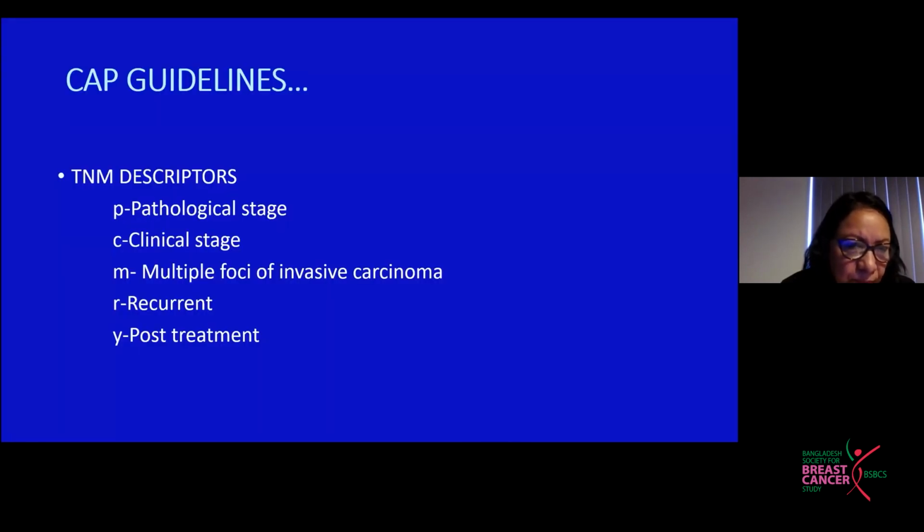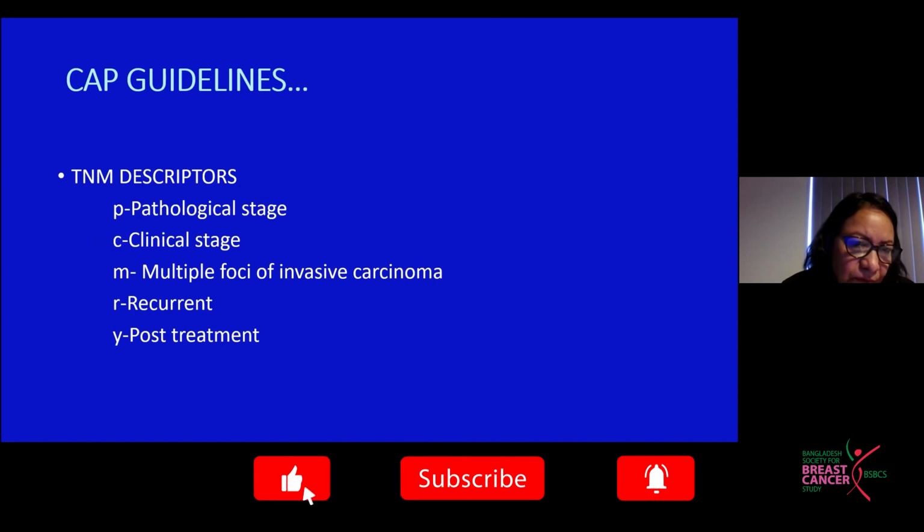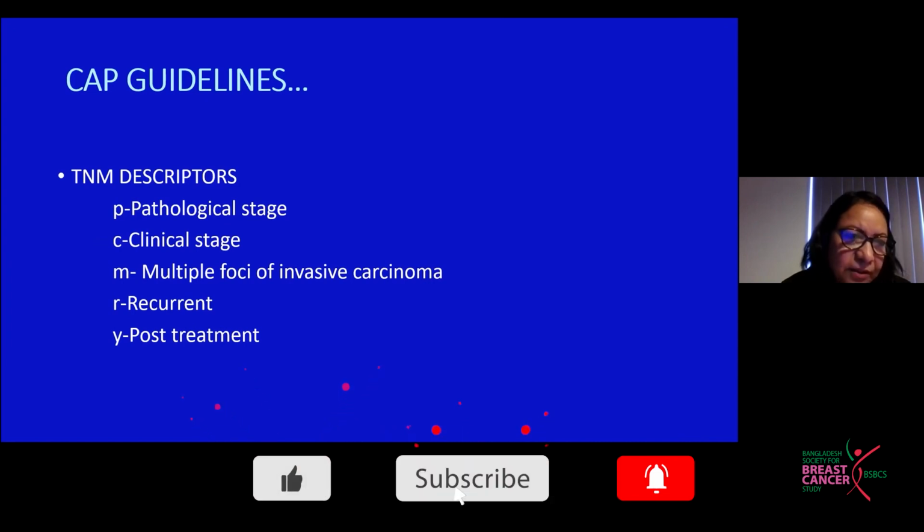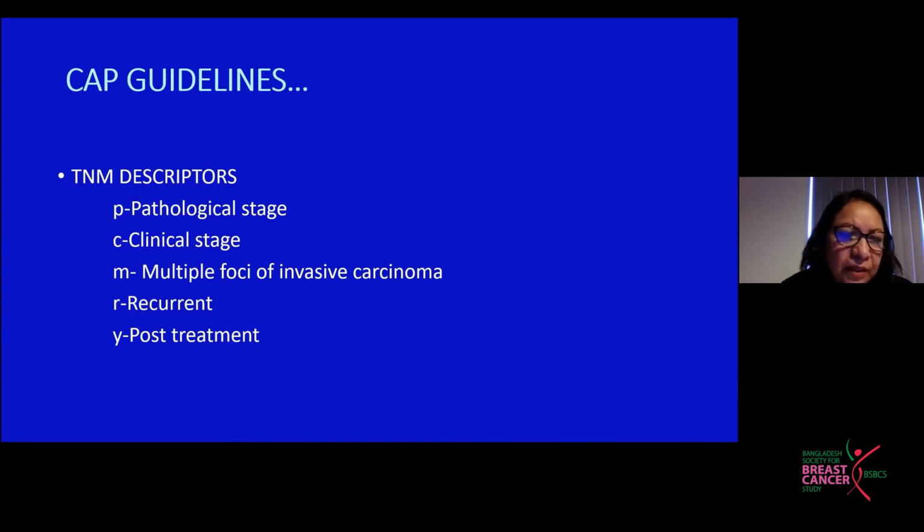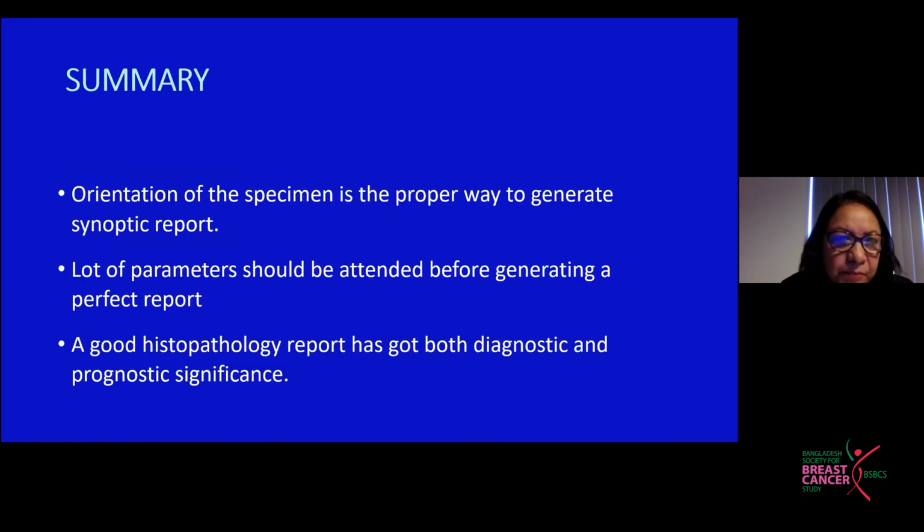So lastly, I'll talk about some TNM descriptors as we use for our reporting purposes, like small p stands for pathological stage, c stands for clinical stage, m stands for multiple foci of invasive carcinoma, r for recurrent, y for the post-neoadjuvant specimen.